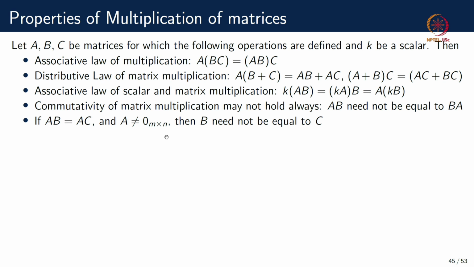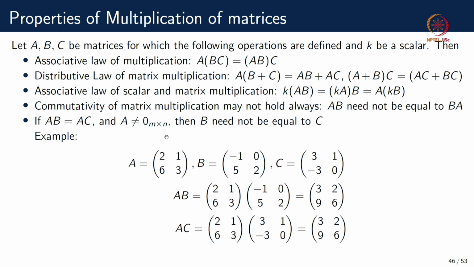Example: A is [2 1; 6 3], B is [-1 0; 5 2], C is [3 1; -3 0]. AB becomes [3 2; 9 6], AC becomes again [3 2; 9 6].